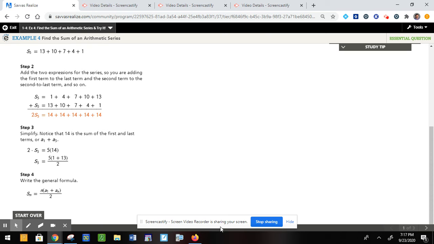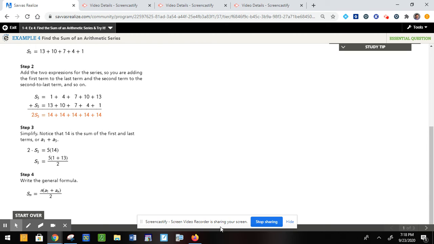So then the formula that you can use is n times the first term plus the last term, and then it's all divided by 2, right? Because the first term and the last term are going to give you what that sum number is. And this obviously only works for arithmetic sequences because you need to have a common difference.